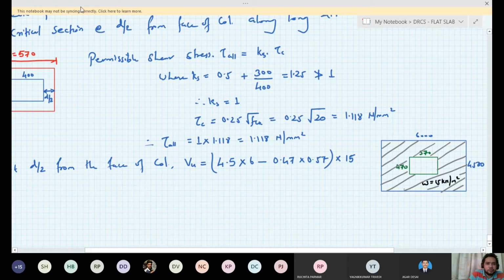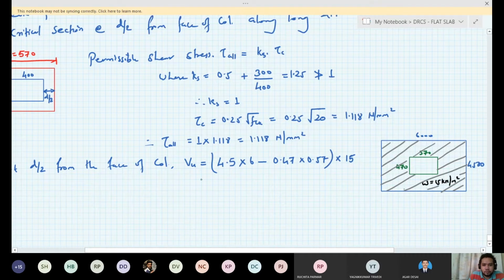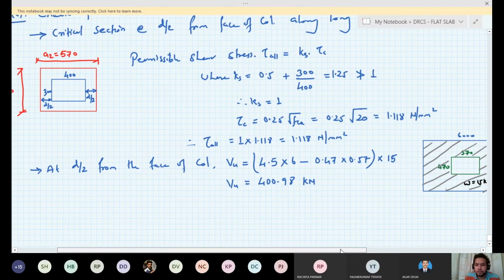So how much is this value? Find this: 4.5 by 6 minus 0.47 into 0.57, into 15. So it is 400.98. So this much is the shear acting on the punching shear.